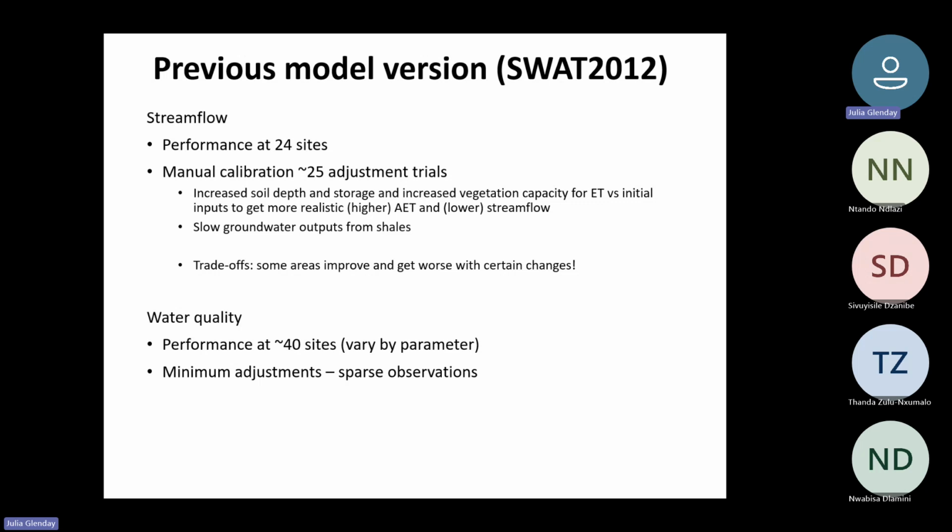There were about 40 water quality sites, but the performance across them really varied hugely. And so I did some adjustments, but part of it also was understanding what's coming off of different urban areas.